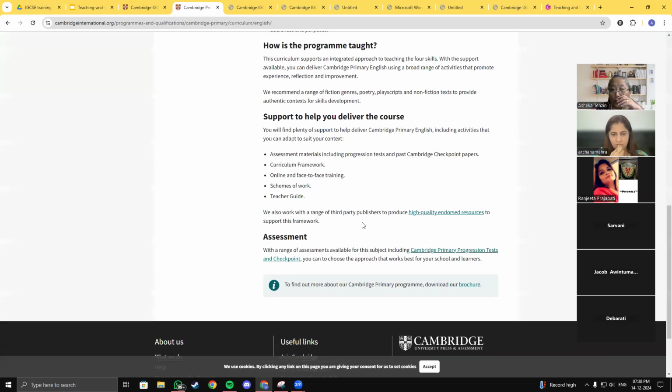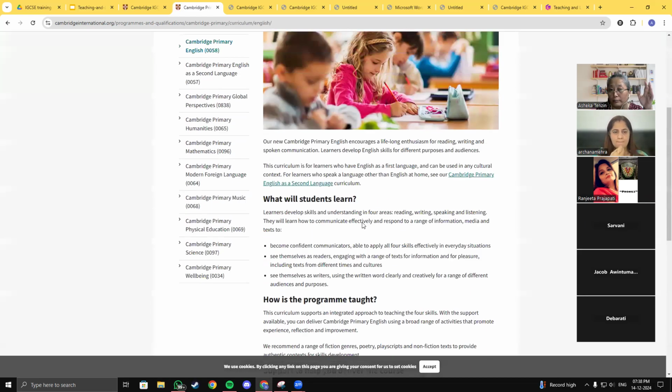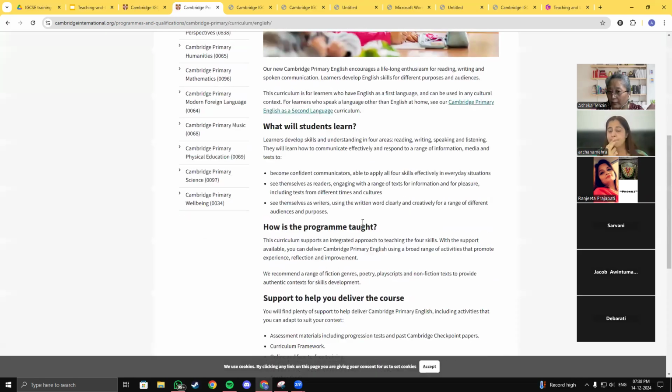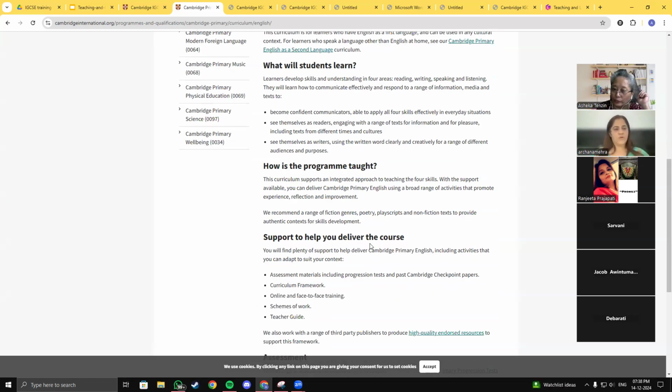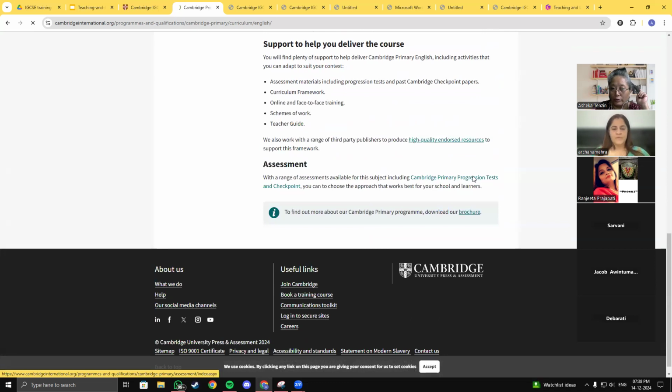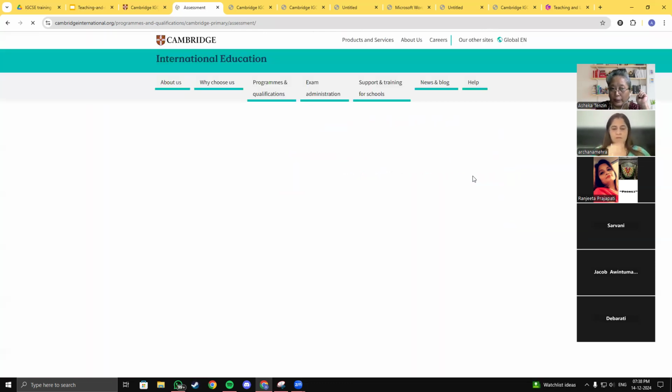Now, if you have to look at the curriculum, then you'll have to use the Learning Hub. It is not available here. I was searching, is IGCSE available? It's not available because our Nehru school is Cambridge Primary. So I have a login for Cambridge Primary. So these are the progression test and checkpoint.